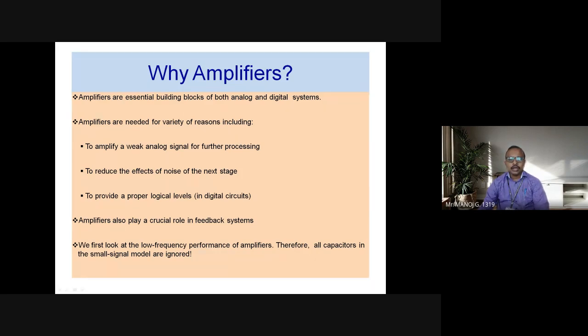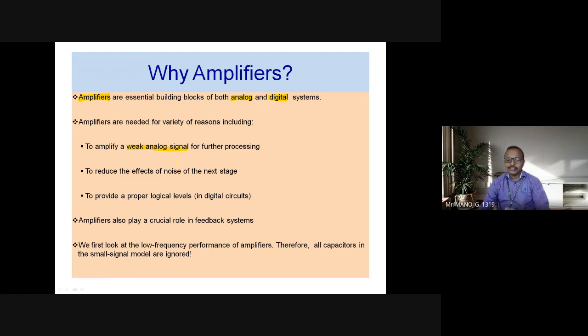Right? Now, when you look at signals, you have analog domain signals as well as digital domain signals. Okay. These are two domains, but both of them require amplifiers in order to construct or build a system, right? Now, as Isaac said, the first and foremost thing of an amplifier is that it amplifies the weak signal, right?